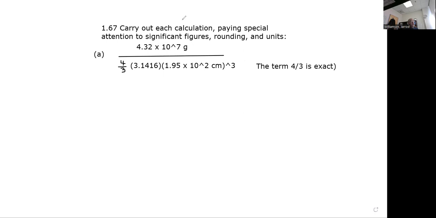So I'm going to break this up into 4.32 over 4/3, which is exact because the problem says the term 4/3 is exact.